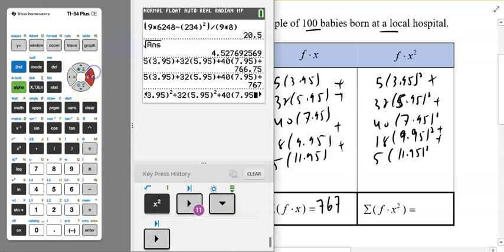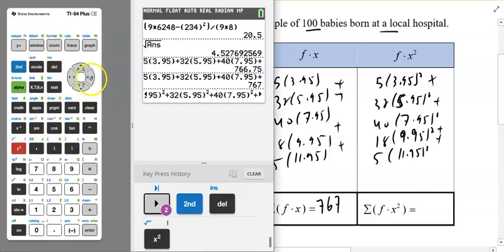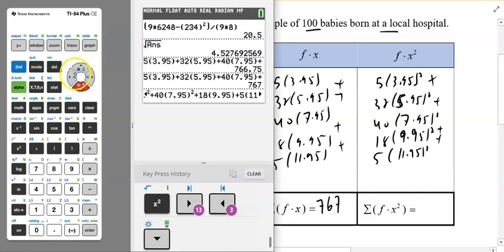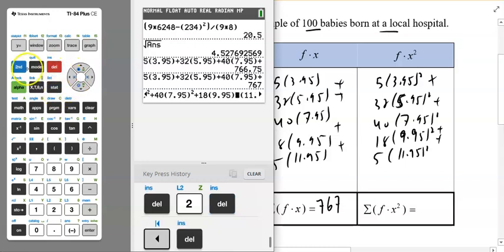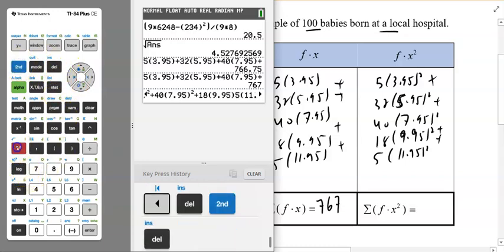It doesn't matter, it's up to you. Second, insert a squared. Missed one. Insert a squared. Oops, that didn't register, delete, insert a squared and a plus.